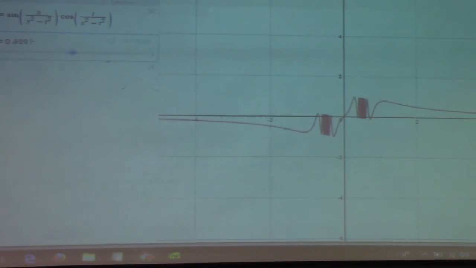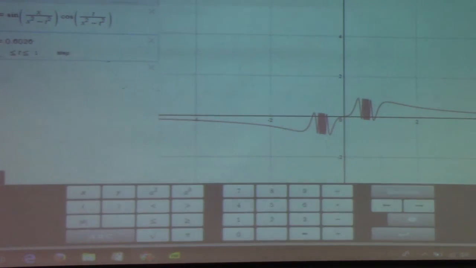What if we start with 1 and go to 2 instead?